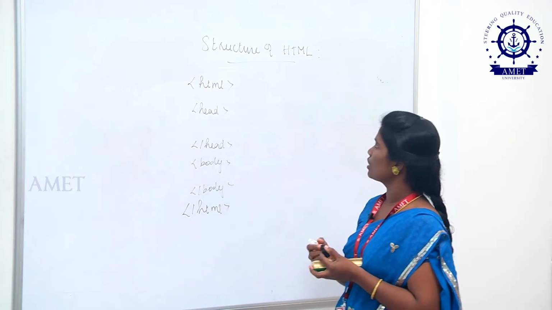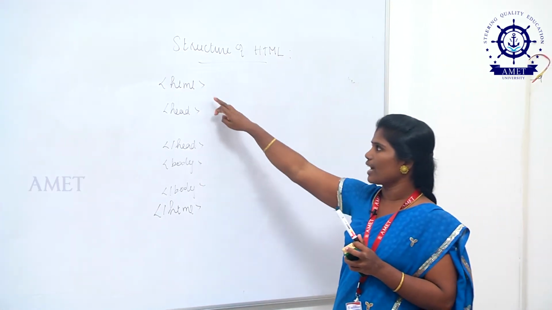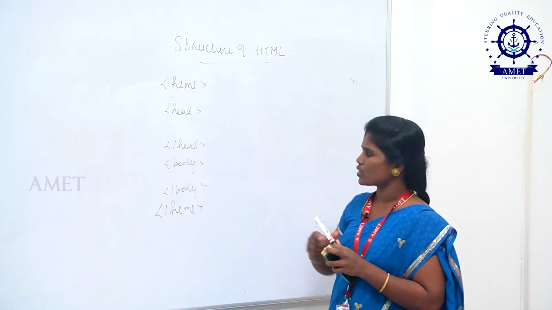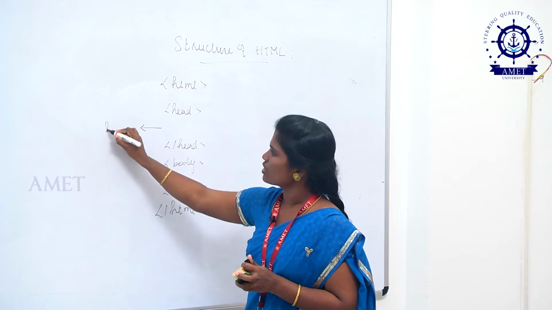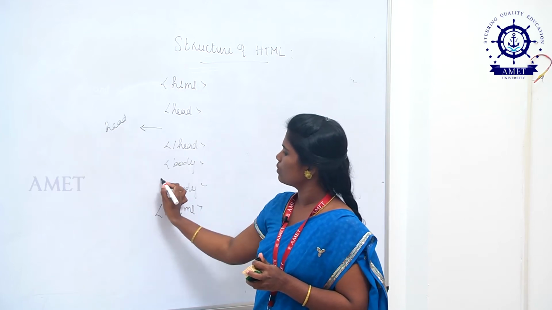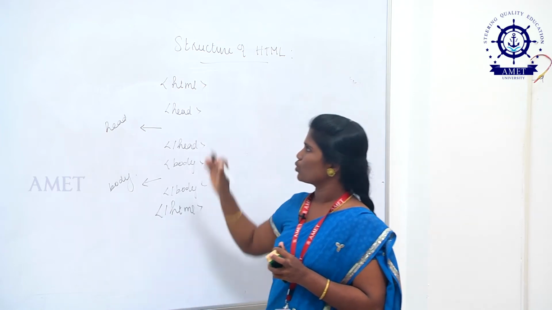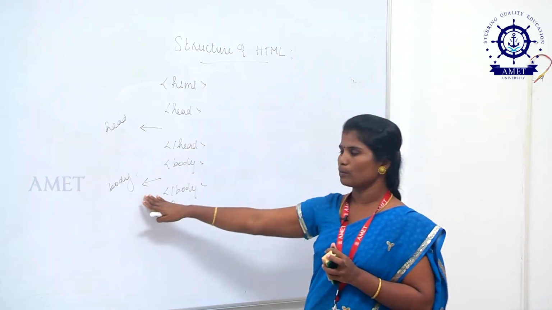So this is the structure of your HTML program. You must start with the tag HTML and end with HTML. Inside the HTML there are two sections: one is the head section, another one is the body section. So the HTML document is divided into two sections, head and then body.